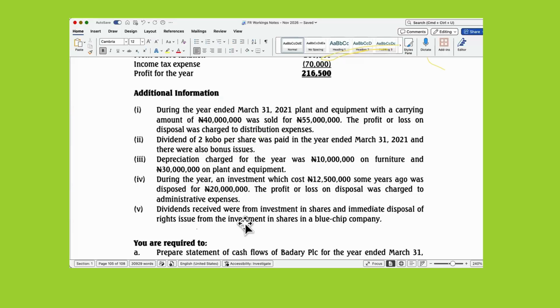Also, I was told that during the year, an investment which cost 12.5 million some years ago was disposed for 20 million. The profit or loss on disposal was charged to administrative expense. Dividend received was from investments in shares and immediate disposal of rights issue from the investment in shares in a blue chip company.